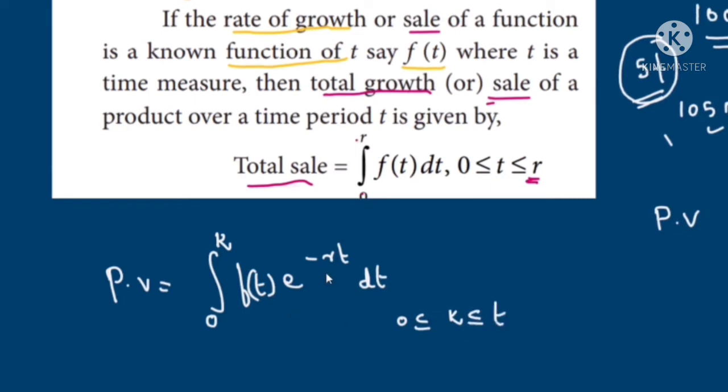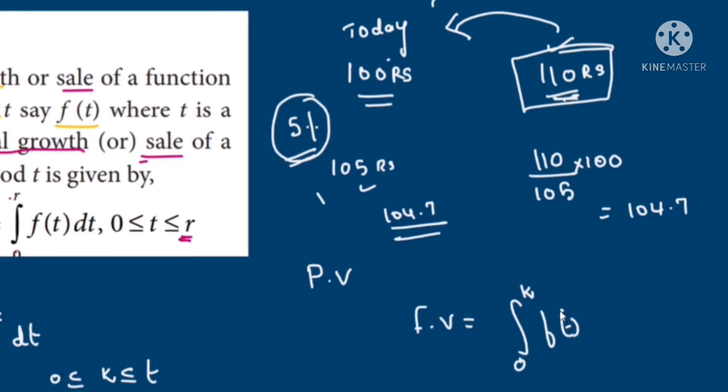This is the present value. It is coming back, so it is a negative sign here. Now future value, if they ask, the formula is the integral from 0 to k of f of t e power rt. So that is the future value.